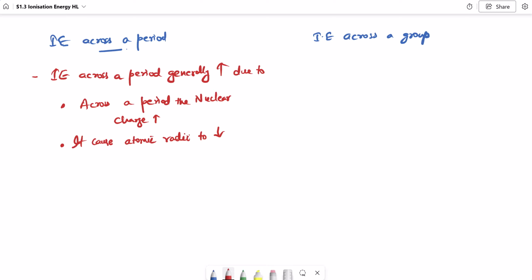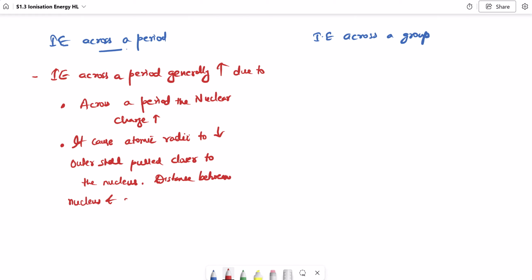And the outer shell is pulled closer to the nucleus, and the distance between the nucleus and the electron shell decreases. And then what will happen?